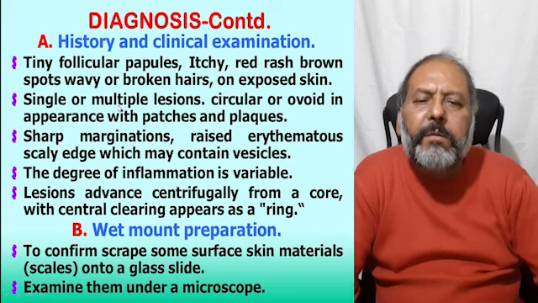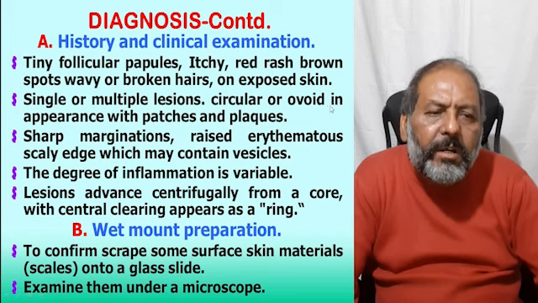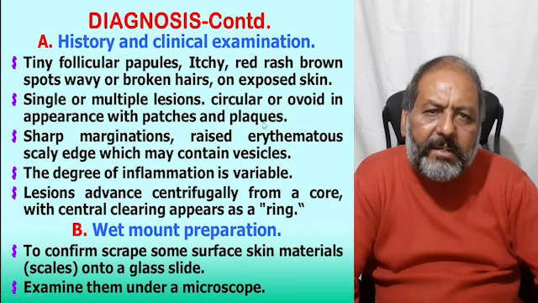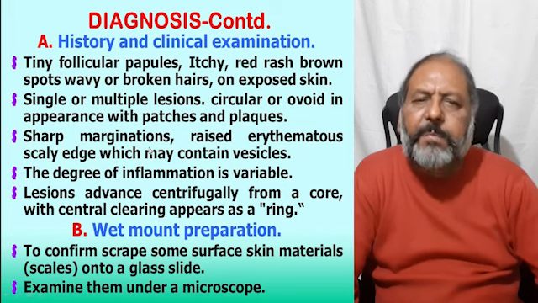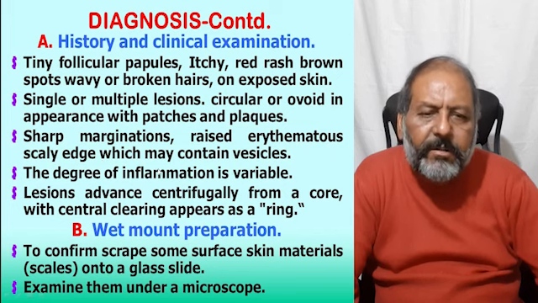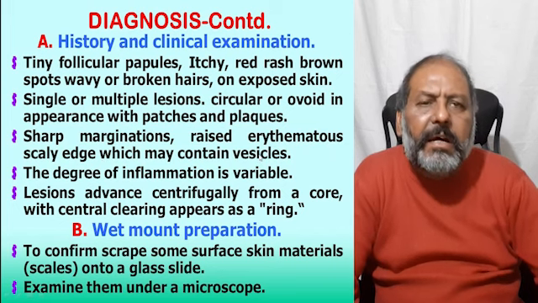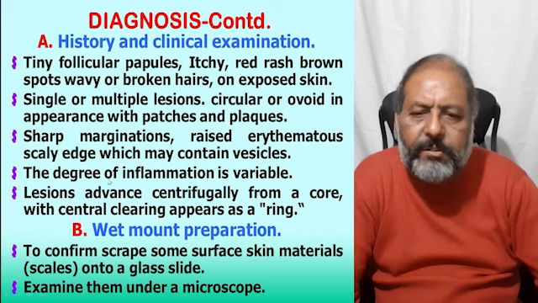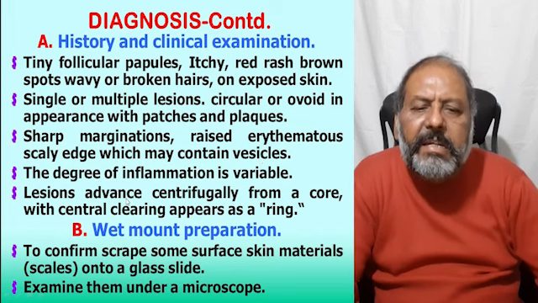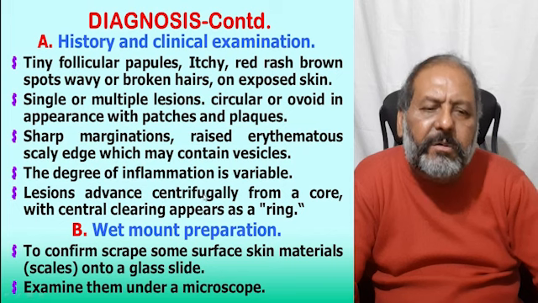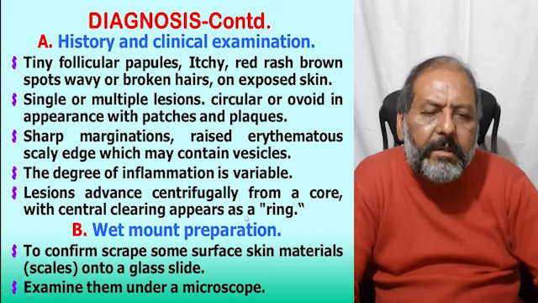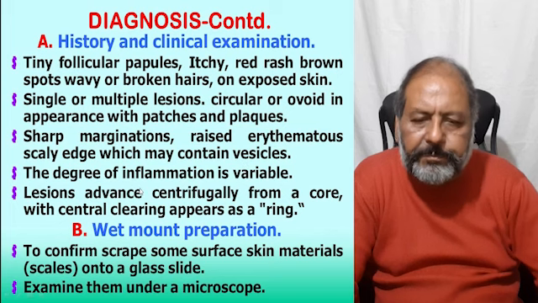Single or multiple lesions, circular or ovoid in appearance with patches and plaques, are also seen. There is sharp margination and a raised erythematous scaly edge which may contain vesicles. I have already shown you the slides of that. The degree of inflammation is variable. Lesions advance centrifugally from a core, with a central clearing area, and appear as a ring.